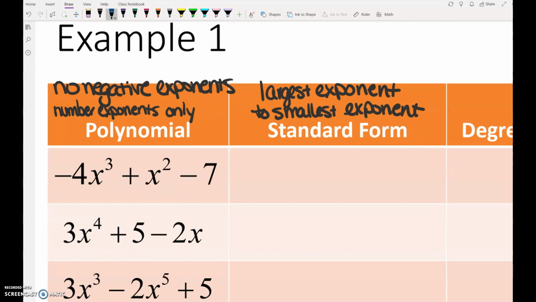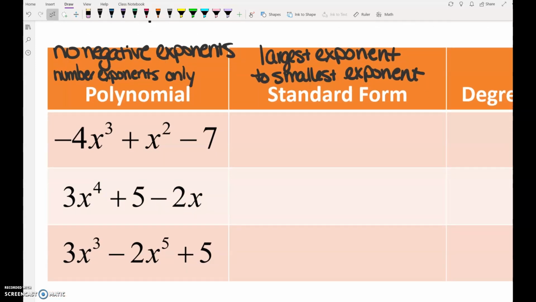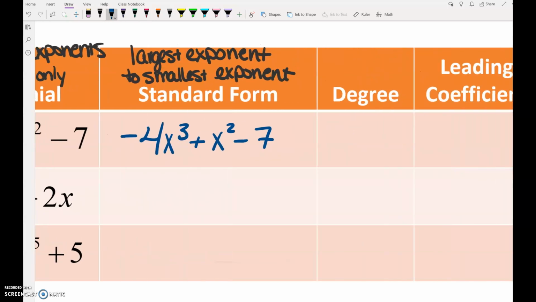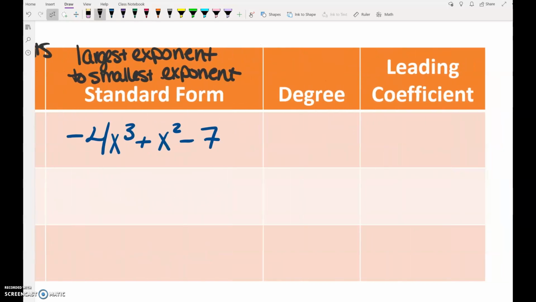In this first example, do we need to change the order at all in order to write it in standard form? No, this one is already written in standard form. Negative 4x to the third plus x squared minus 7. The term that doesn't have an x always goes last. Okay, degree. The degree is the largest exponent.